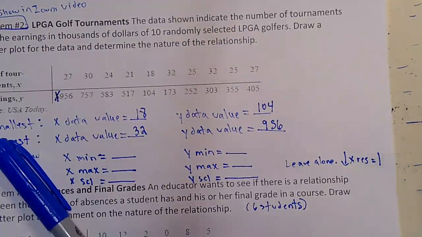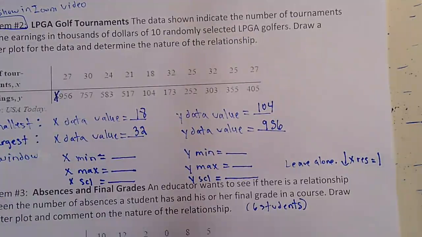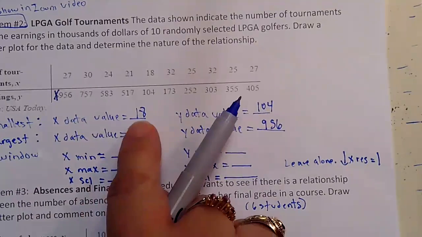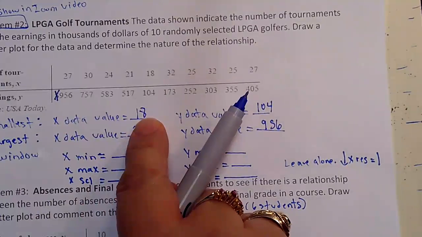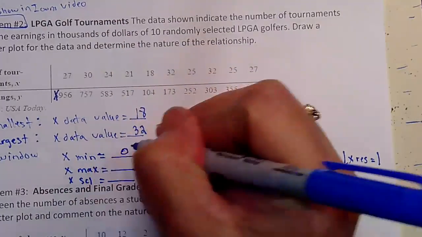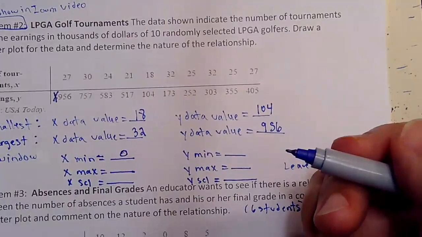Okay, let's see. All right, so now we need to think about our X min, something below the smallest X value. Again, you could use 0, so something smaller than 18. So yeah, 0 would be fine. We usually do use 0 for X mins anyhow.